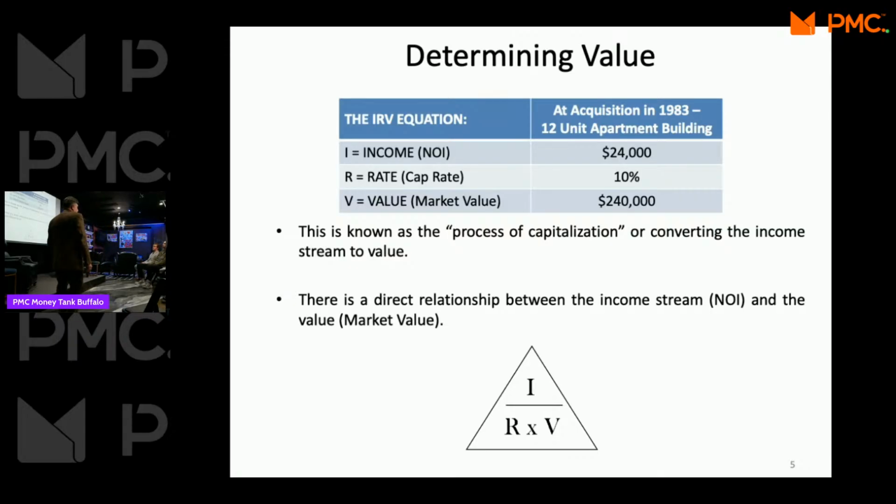Rate, cap rate, we extract that from the marketplace, from the comparable sales. So we have a file in all the cities that we do business in. We just keep on updating it constantly. We get a lot of appraisers that call us looking for comps for sales, because we're getting that firsthand when we're doing 1031 deals for clients.